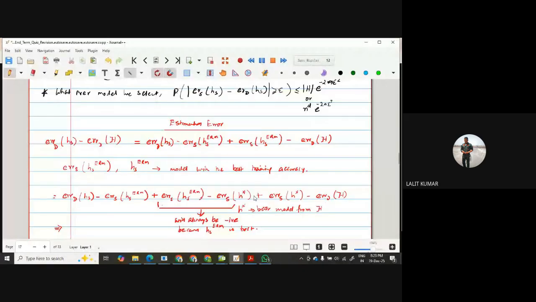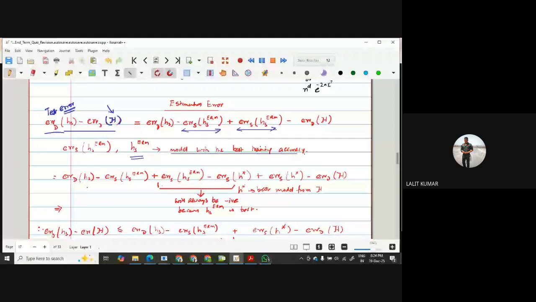So estimation error we will come to. We have finished with the generalization error. Estimation error is basically the test error minus the error of the best hypothesis from the entire class H. Now we can break this down: on the training data set, the best model which we get, known as h_ERM, we subtract it, we add it, and then L_D(h). This h_ERM is the best model which we get in training, which gives the best training accuracy.